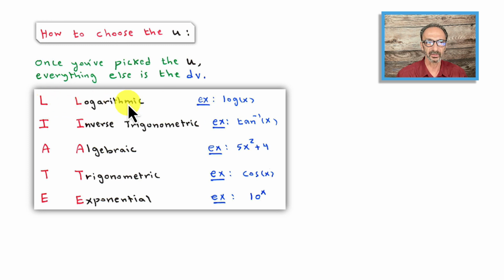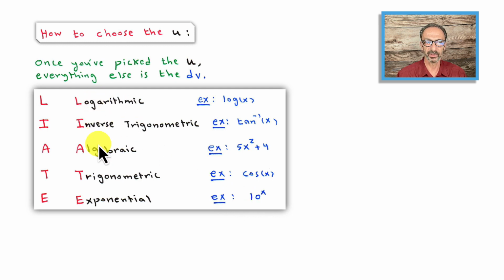L for logarithms, that's like log x. I for inverse trig, that's like tan inverse. A for algebraic, that's like 5x squared plus 4. T for trigonometric functions, like cosine x. E for exponential, like 10 to the power x.